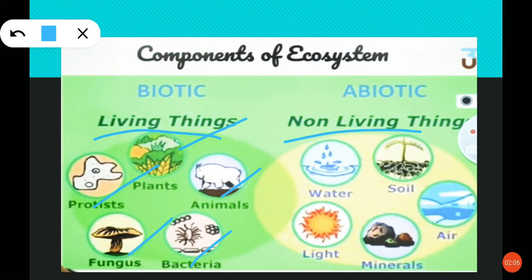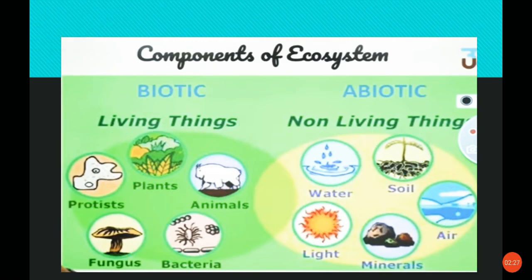Protists are unicellular organisms. Abiotic things means water, soil, light, minerals, air. So abiotic means non-living things, biotic means living things. Okay, fine. Next, let's move on.